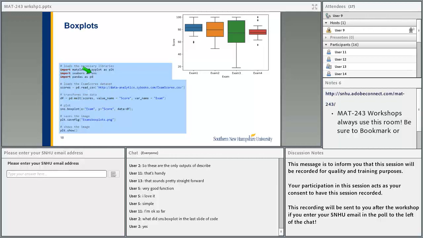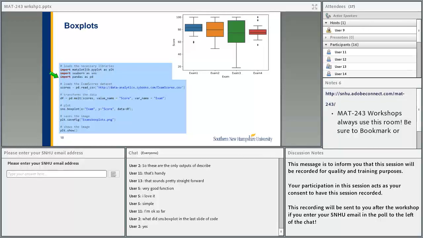What does this mean? Anytime I want to use some function from the Seaborn module, I use sns instead of typing Seaborn every time. I just have to type sns. The same thing applies for the pandas library. When we import it, we say import pandas as pd.